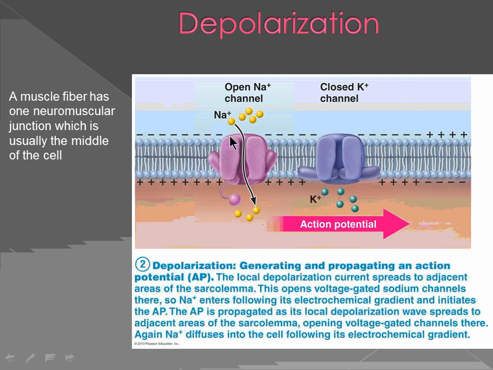So now what it does is it causes these sodium channels to open. Normally those channels are closed and sodium always remains on the outside, potassium remains on the inside of the muscle cell. But after the arrival of the nerve impulse with acetylcholine binding to the acetylcholine receptors on the motor end plate, that changes the configuration of the muscle cell membrane.